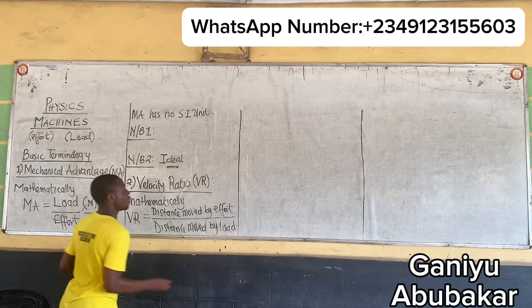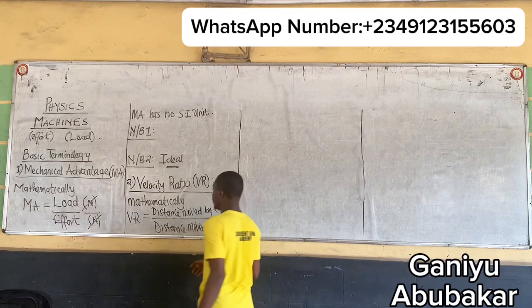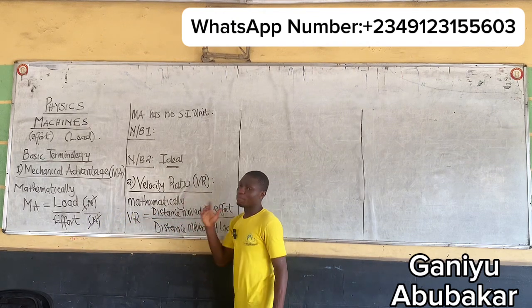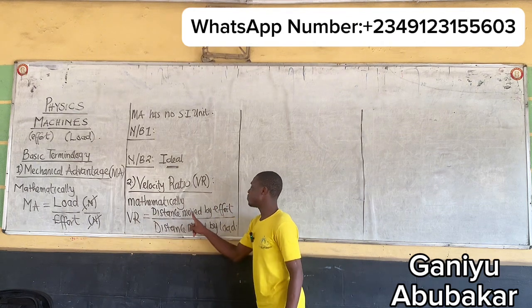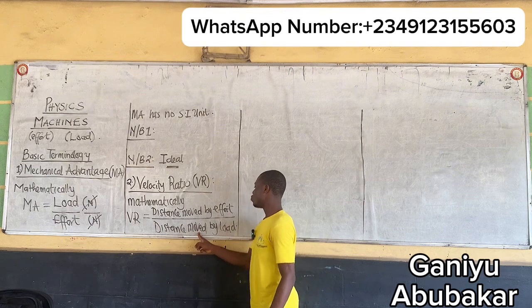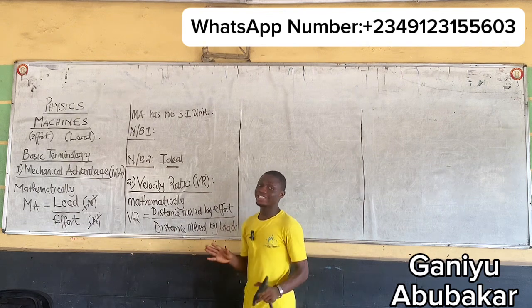All right, this becomes your formula for VR. VR means velocity ratio, and the formula is given as distance moved by effort all over distance moved by load. As easy as this, please.